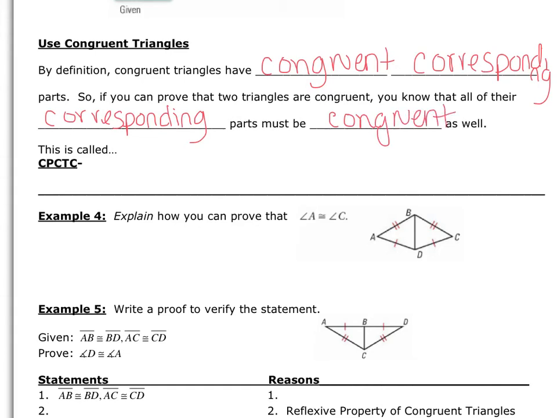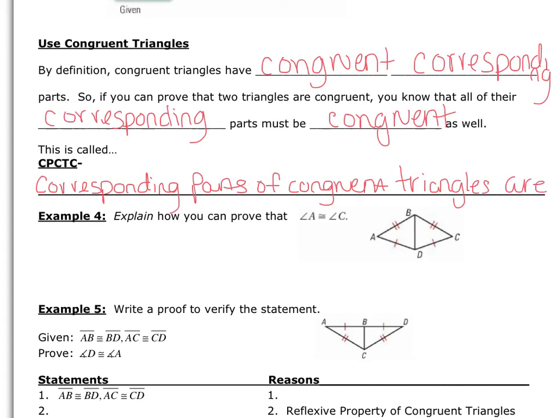And of course, we've got to have a big fancy new term behind this. It's called CPCTC. Corresponding parts of congruent triangles are congruent.